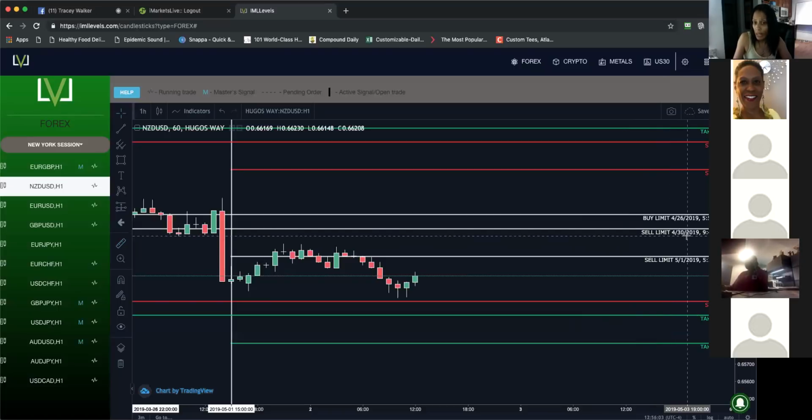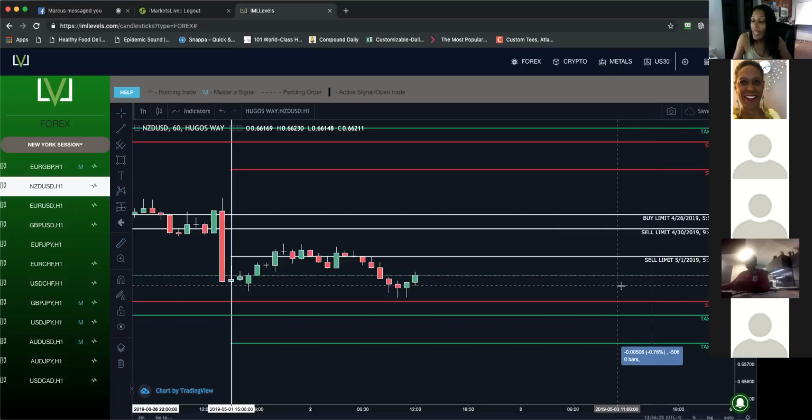We're taking it at 5-1. So the sale limit take profit for this line would be down here. We measure from the sale limit, boom, 50 pips.